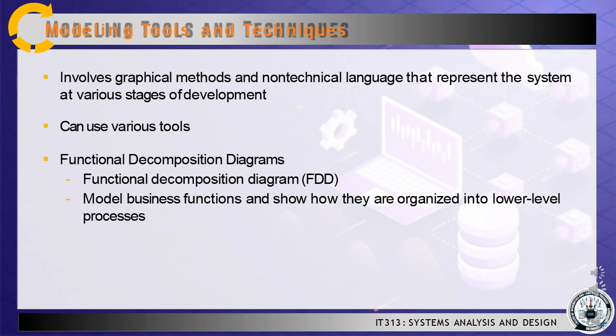FDDs can be used at several stages of systems development. During requirements modeling, analysts use FDDs to model business functions and show how they are organized into lower-level processes. Those processes translate into program modules during application development.